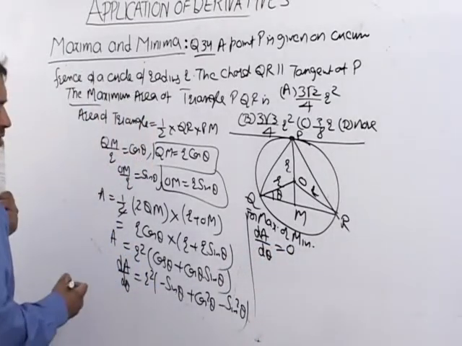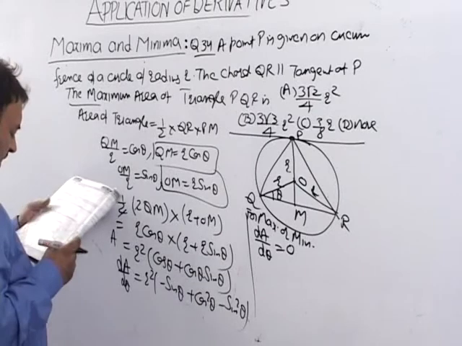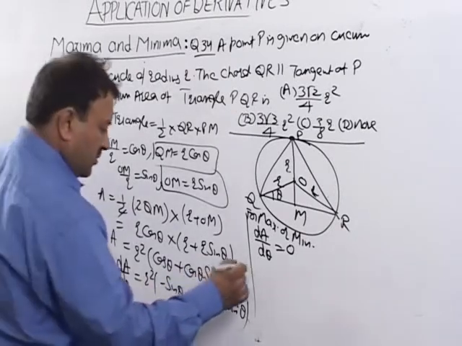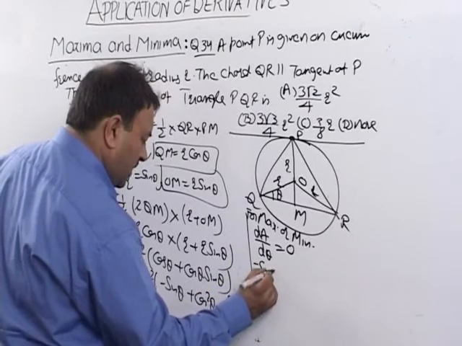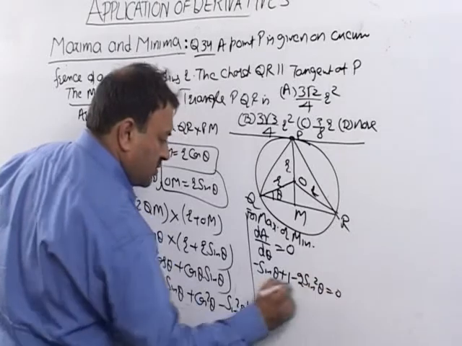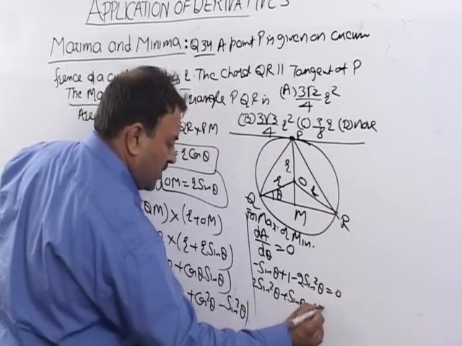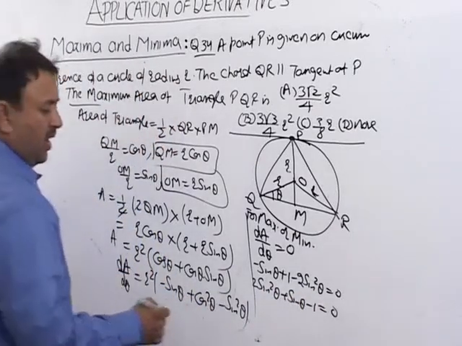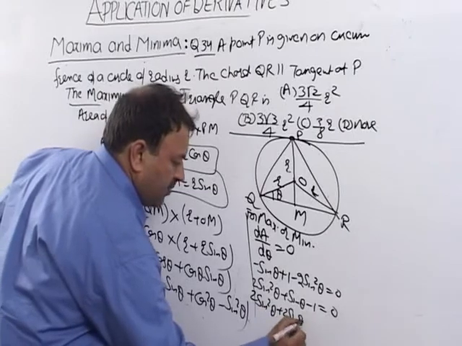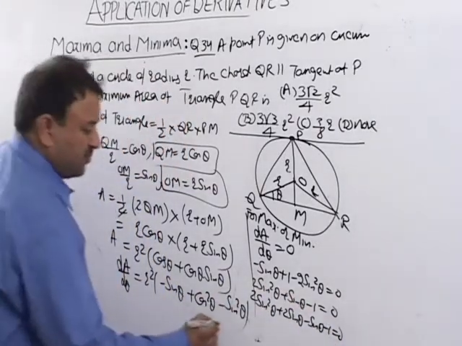We can make it quadratic in sin. We get minus sin theta plus 1 minus 2 sin square theta is equal to 0. So 2 sin square theta plus sin theta minus 1 is equal to 0. It comes out to be 2 sin square theta plus 2 sin theta minus sin theta minus 1 is equal to 0.